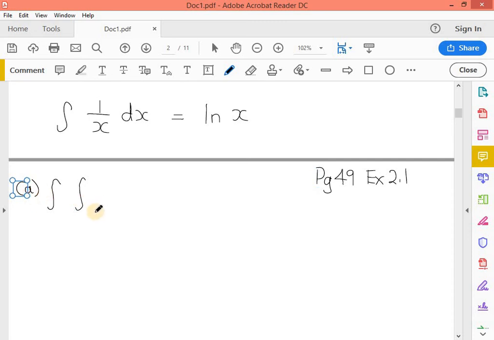Okay, so you have the integral from 1 to 3, from 0 to pi over 4, and then 2x sec y, dy, dx.